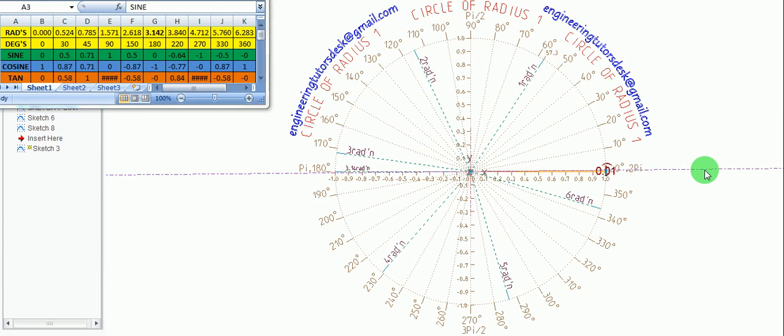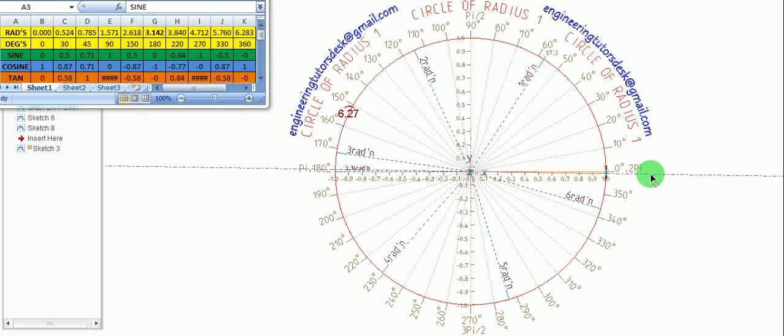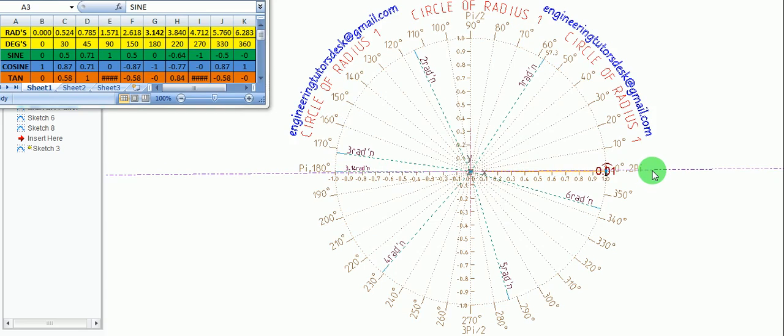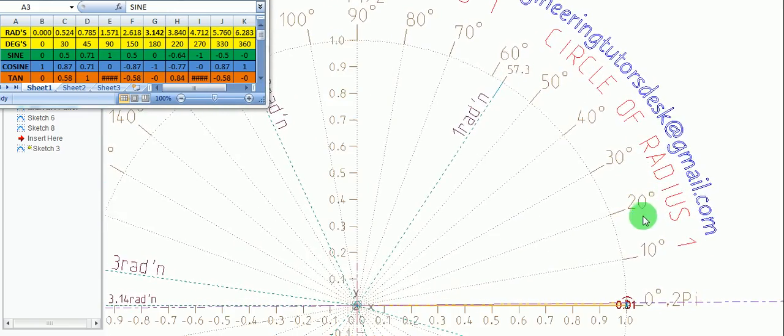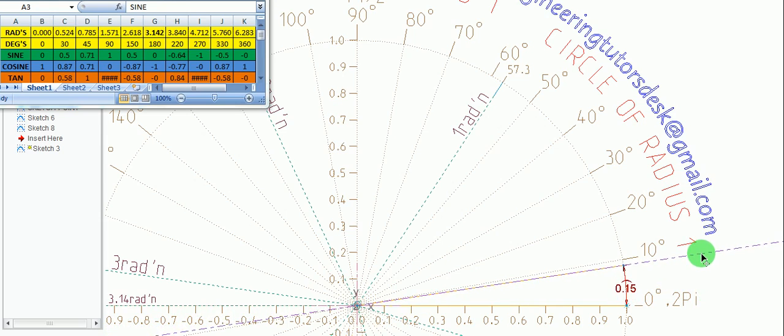Let us locate the angles and try to measure the arc length associated with the different angles. At 0 degrees, the measured arc length will be 0. At 10 degrees, the measured arc length will be 0.17 units.